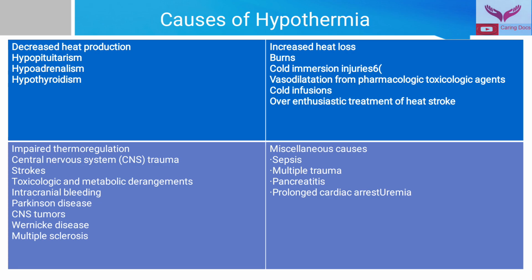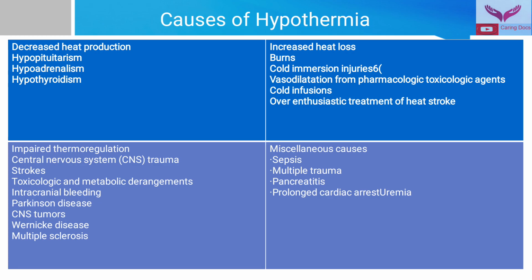Decreased heat production is seen in hypopituitarism, hypoadrenalism, and hypothyroidism. Impaired thermoregulation is seen in CNS trauma, stroke, toxicological and metabolic derangement, intracranial bleeding, Parkinson disease, CNS tumor, Wernicke's disease, and multiple sclerosis.